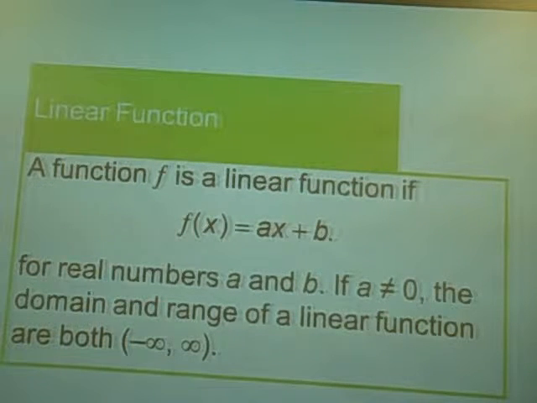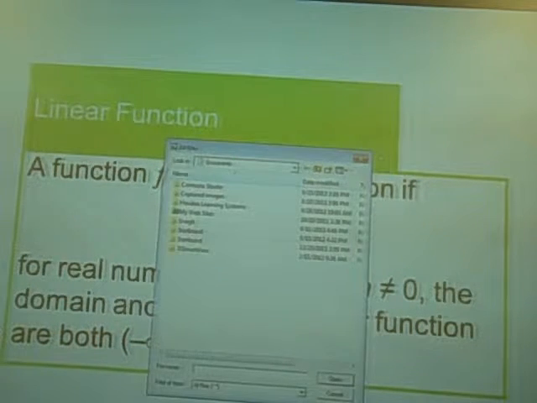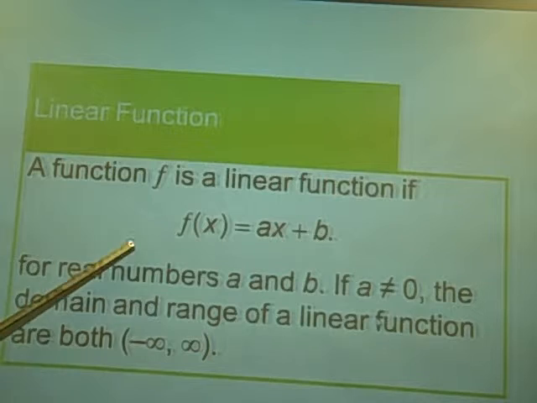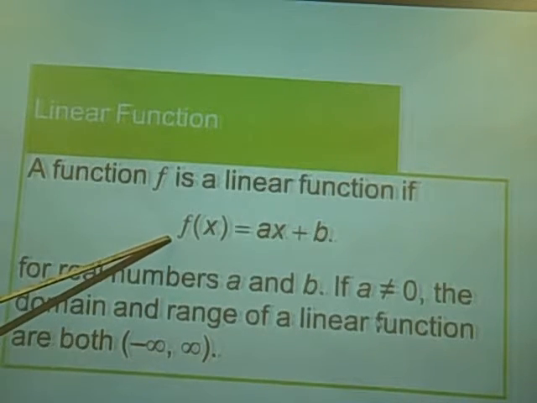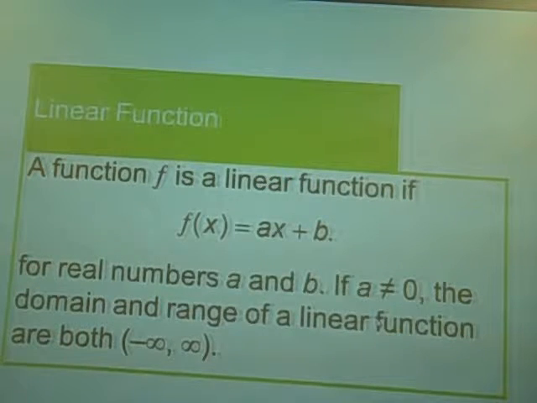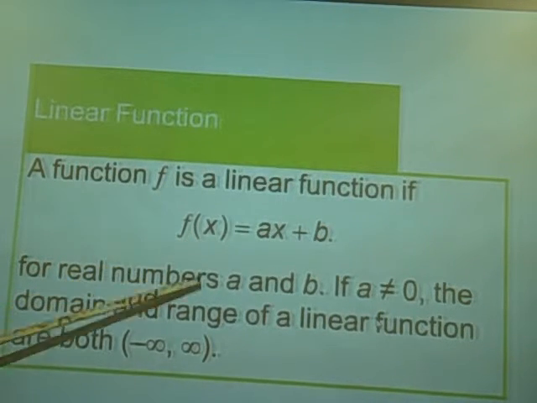First thing is that a function is normally in the form where we're used to seeing y equals, and then the equation, but now we're going to use f of x.